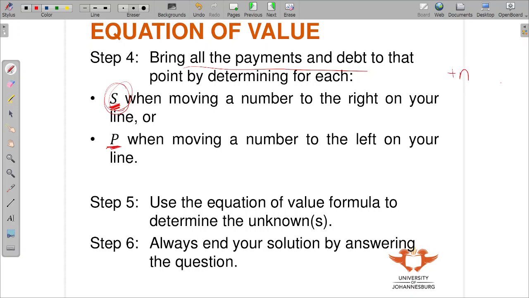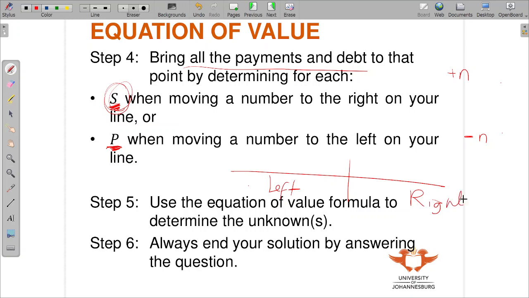And when we are dealing with the present value, the power is negative. So let's say this is our left, and this is our right.